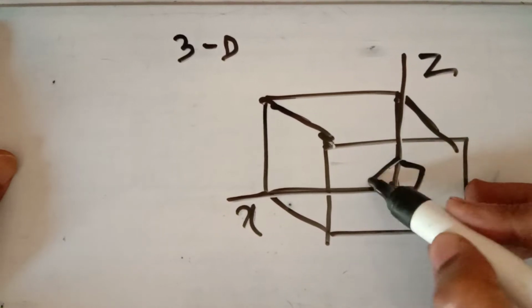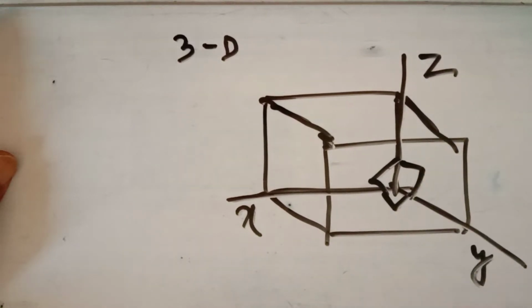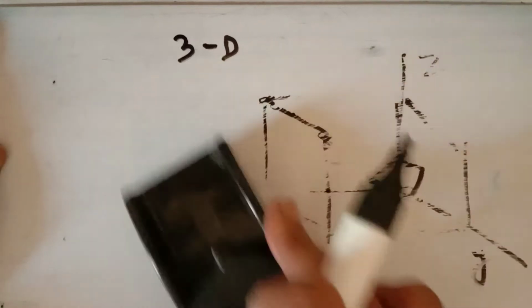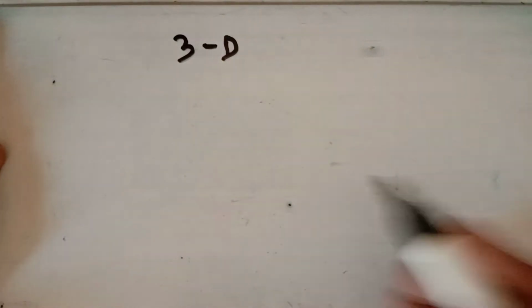They are mutually perpendicular to each other, meaning the x-axis is perpendicular to the y-axis, the y-axis is perpendicular to the z-axis, and the z-axis is perpendicular to the x-axis.